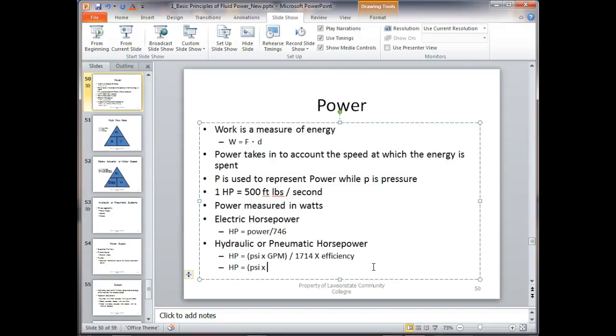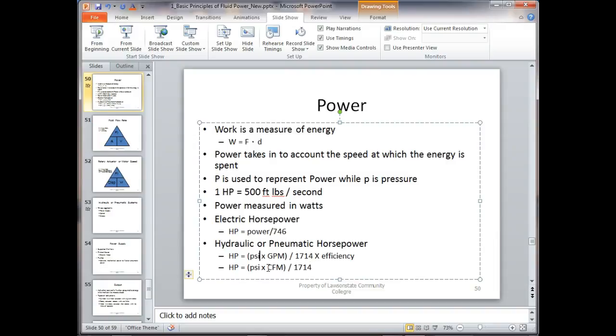PSI... Yeah, we can do that too. That's probably better. Not squared. And then times efficiency.